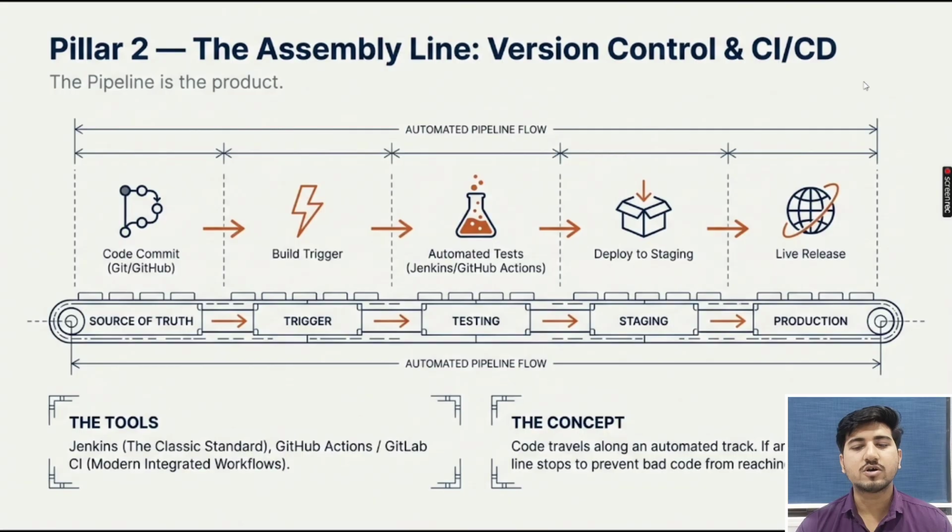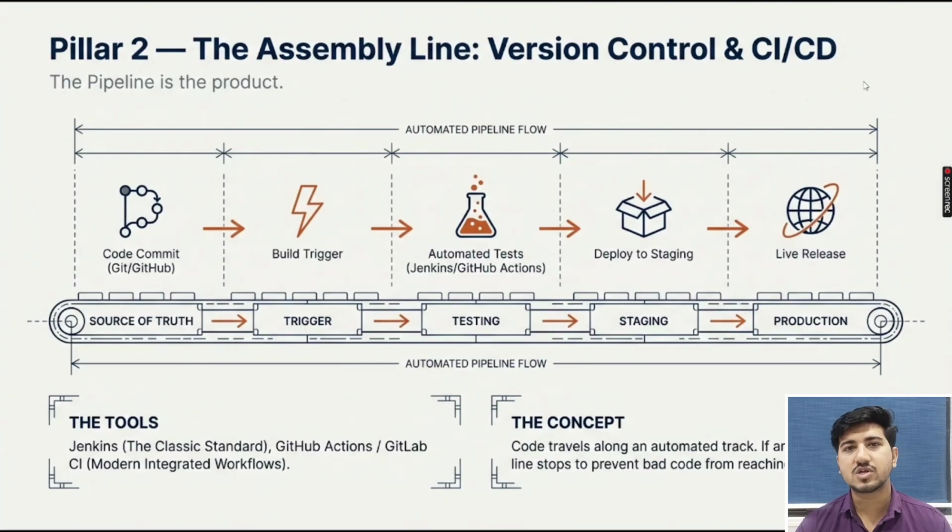And then there is the concept that code travels along an automated track. This code travels along the automated track because one script leads to the second one, and then it will automate everything. If any failure is there, then the line stops to prevent the bad code from reaching production. So the concept is that all this automation and these processes are in such a way that they stop bad code from moving to the production part.